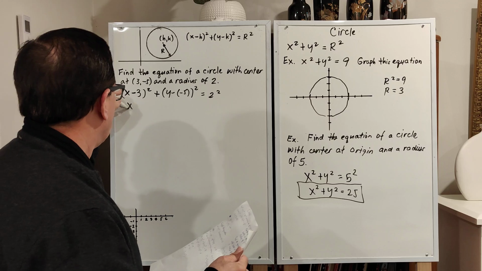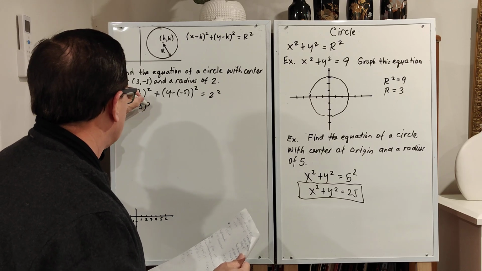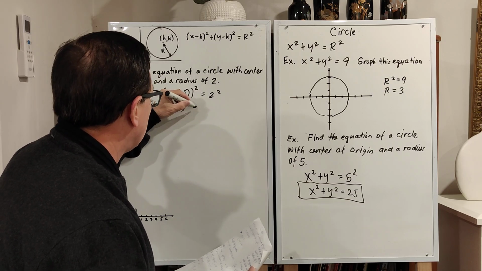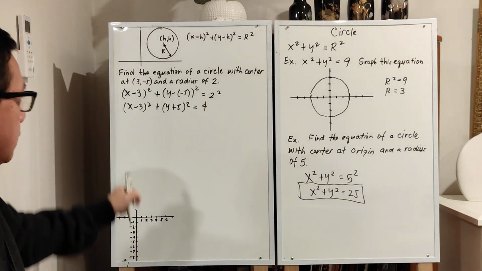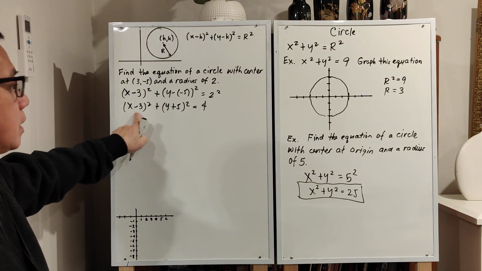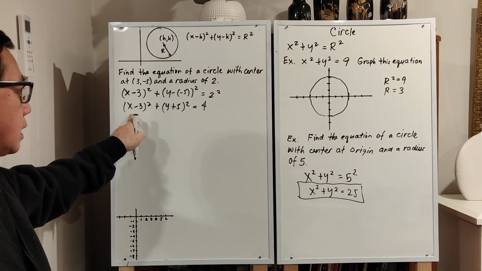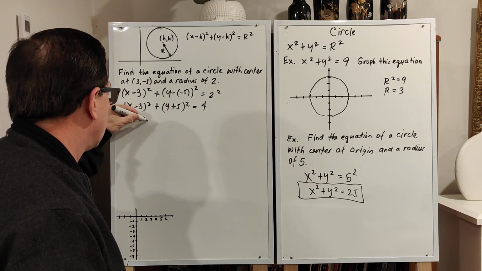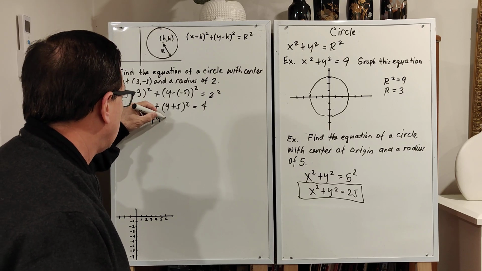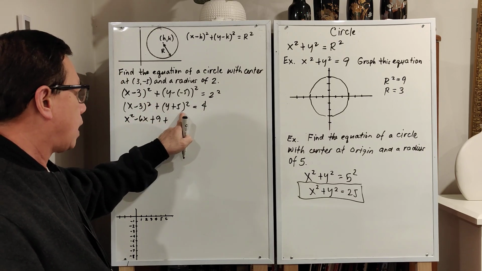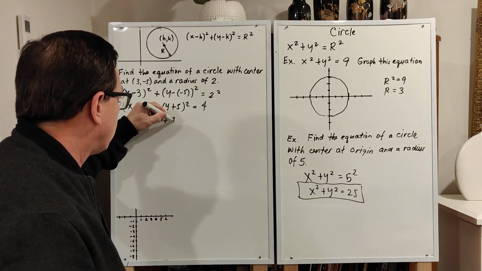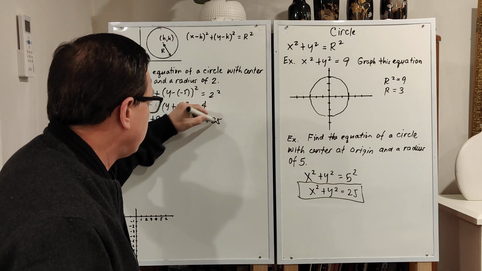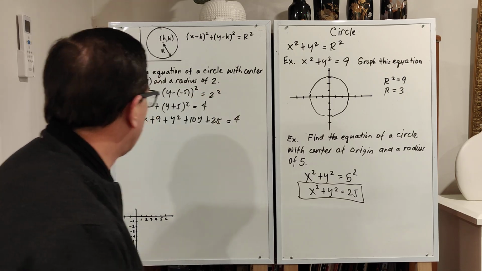So this becomes x minus 3 squared plus y plus 5 squared is equal to 4. So this is x minus 3 times x minus 3. If we multiply x minus 3 times x minus 3, it becomes x squared minus 6x plus 9, plus y plus 5 times y plus 5, which becomes y squared plus 10y plus 25, is equal to 4.